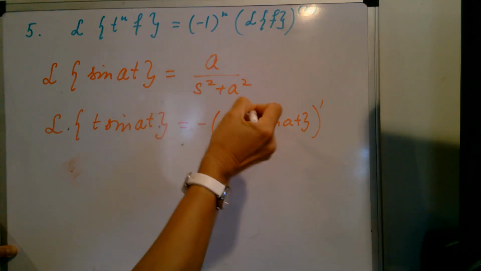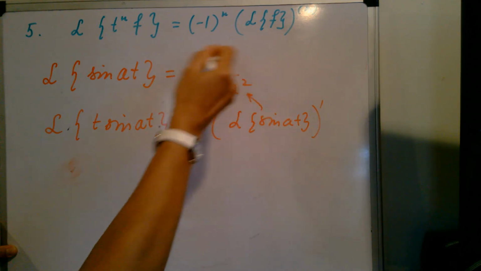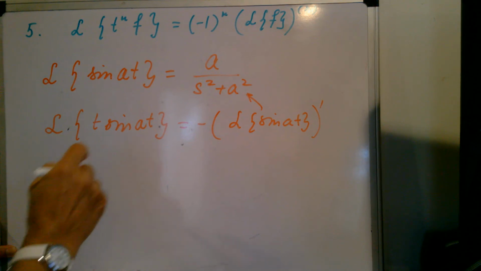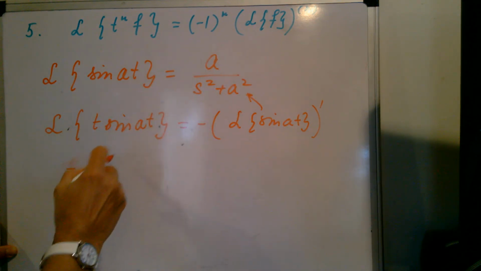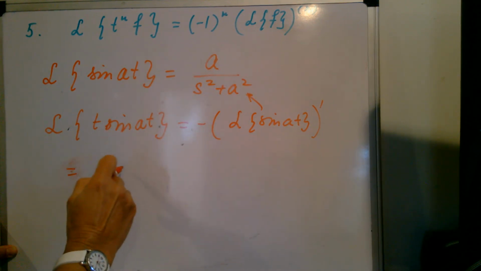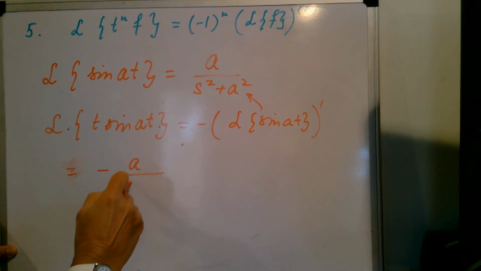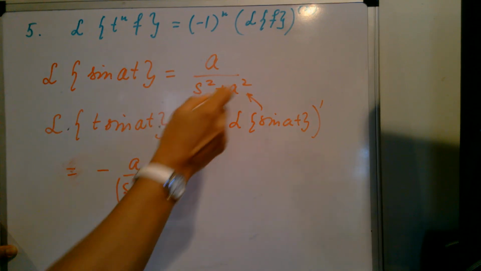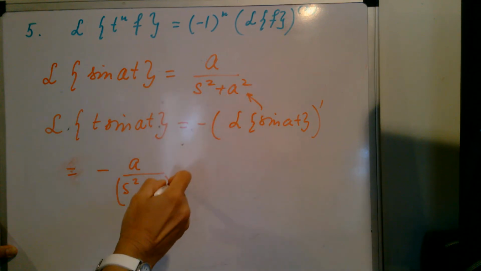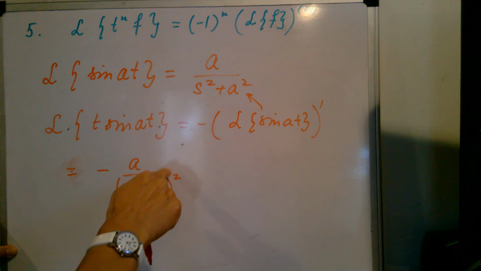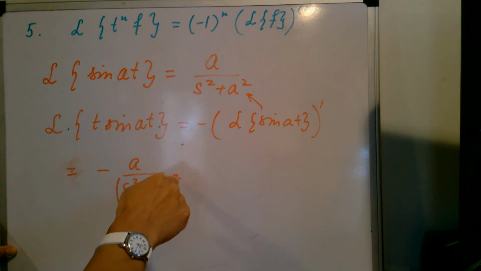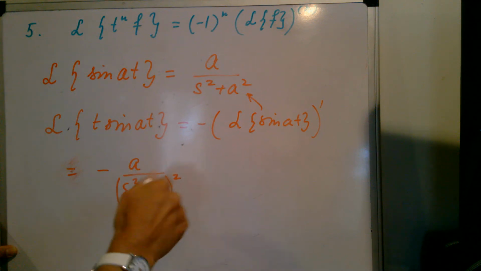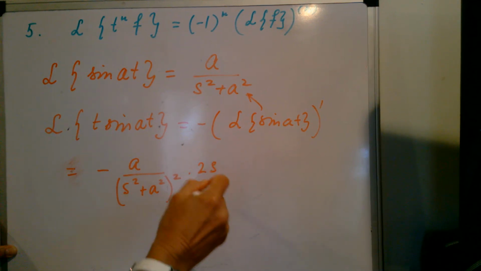Well, this is the Laplace transform, so I differentiate it by s. That's a fraction, so I get s squared plus a squared. Because this sits in the denominator, I differentiate it as a composition. That's going to give me the power minus 1, and I differentiate this expression, which gives me 2s.